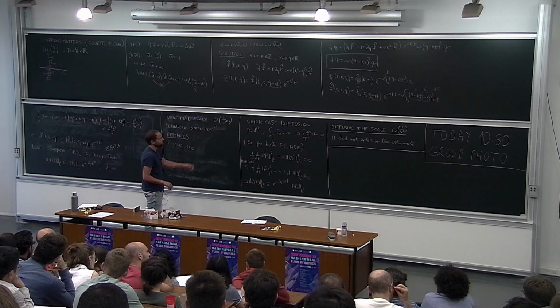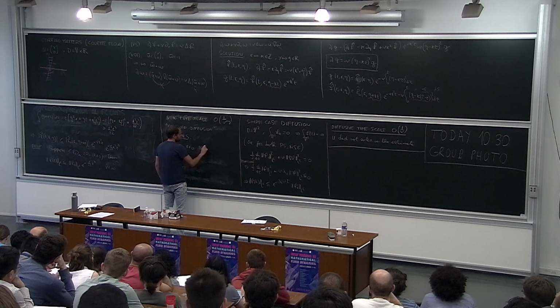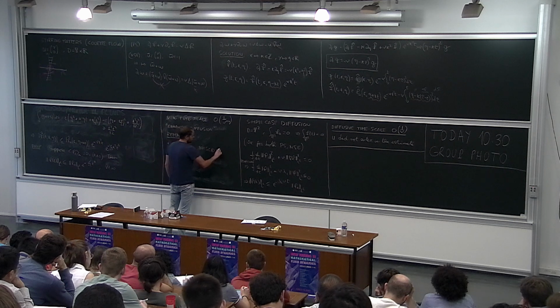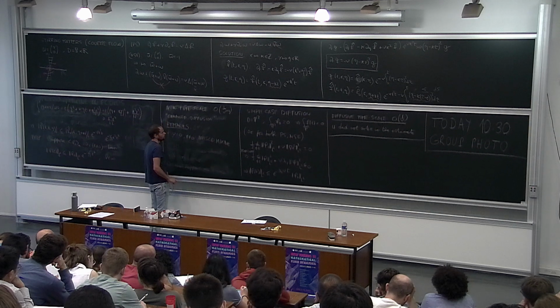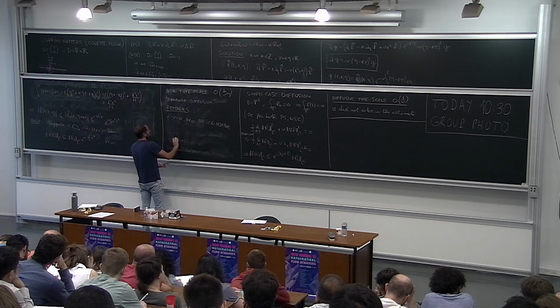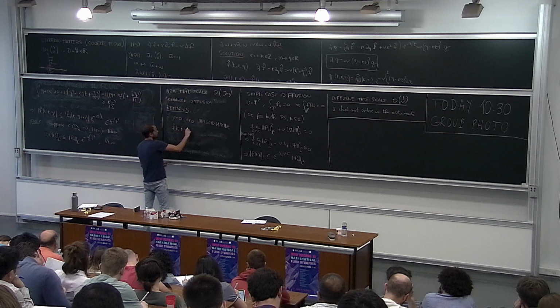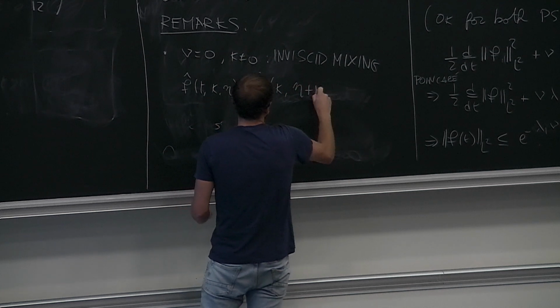This is just heuristics, but there is something called inviscid mixing, which is the fact that you have f hat of t, k, eta is f0 hat of k, eta plus kt.